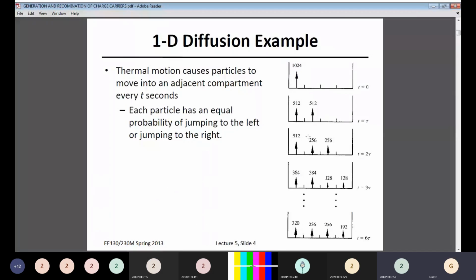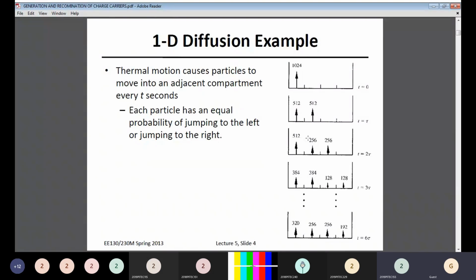Now, this is the 1D diffusion example. The thermal random motion will cause the particle to move into an adjacent compartment every t seconds. So at regular time intervals t, the thermal motion will make the particle propagate into an adjacent compartment.